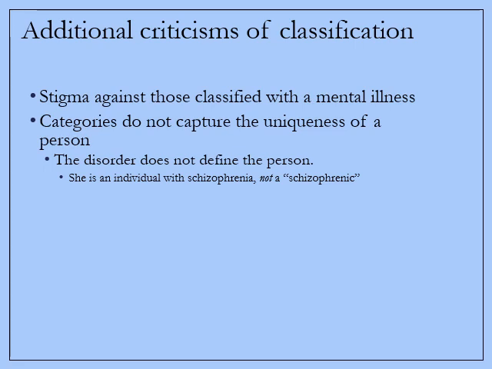As well, the categories we have don't capture the uniqueness of a person. A disorder doesn't define a person. For example, a pet peeve of mine is the term schizophrenic. There's no such thing as a schizophrenic. There's a person with schizophrenia, but schizophrenia does not define the person.